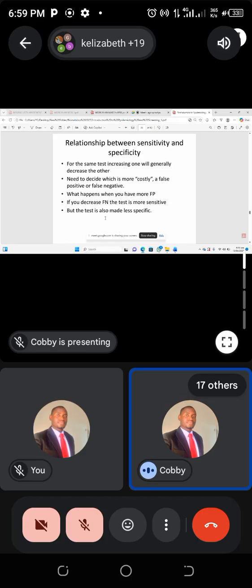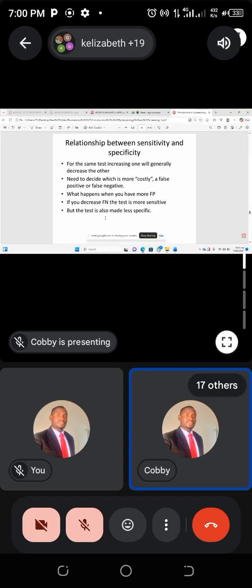Because when you increase the sensitivity, the test will start identifying people as positive even when they don't have the disease, because the test becomes very, very sensitive. So you need to decide which one is more costly, either to have false positives or false negatives.